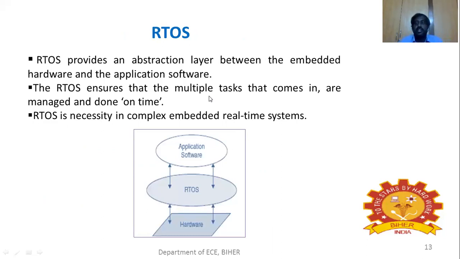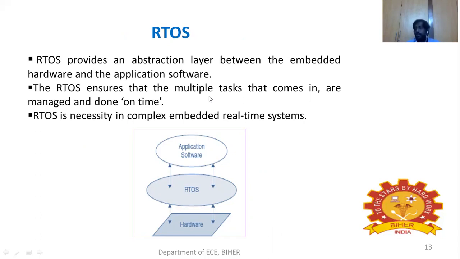So, RTOS, real-time operating systems. We discussed various real-time tasks. So we need an operating system to handle and process these real-time tasks. For that purpose, we use a real-time operating system. So what is the purpose?